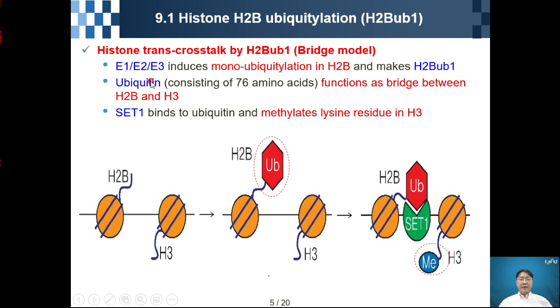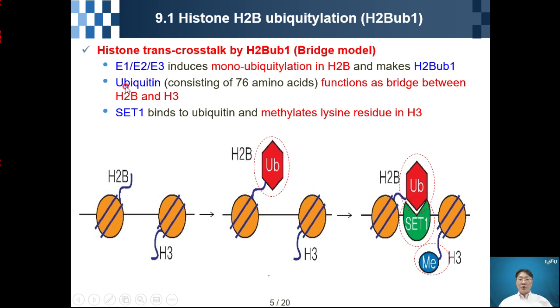So ubiquitin, consisting of 76 amino acids, functions as a bridge between H2B and H3. At that step, the enzyme binds to the ubiquitin, and finally it will methylate the lysine residue in H3.